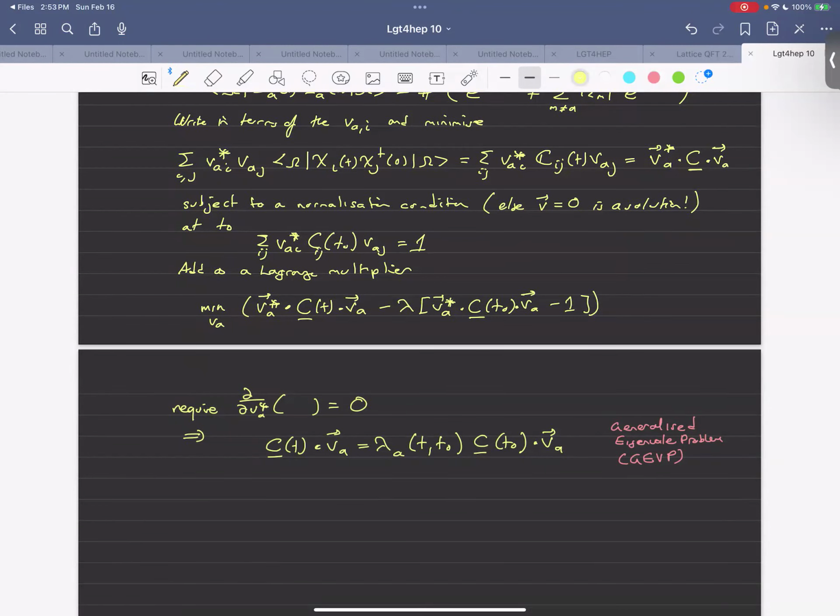Okay, so what do we know about this? The eigenvalues, if you think through this, you can see that the eigenvalues lambda_A of t, t naught are just given by exponentials of minus the energy, or an approximation to the energy, times t minus t naught.